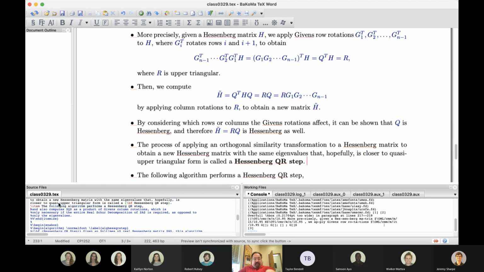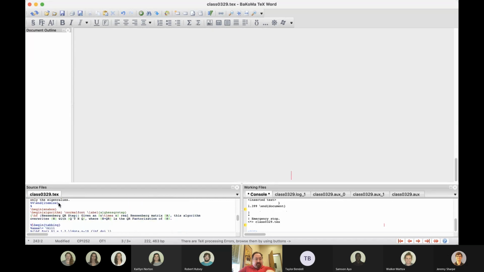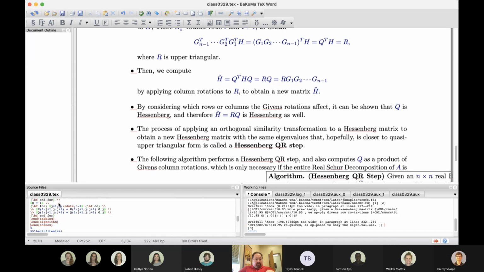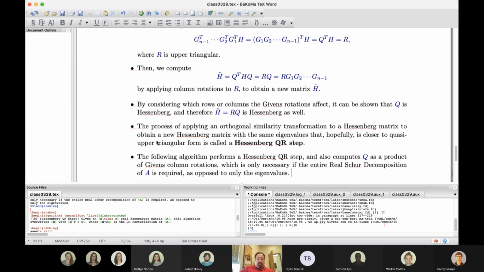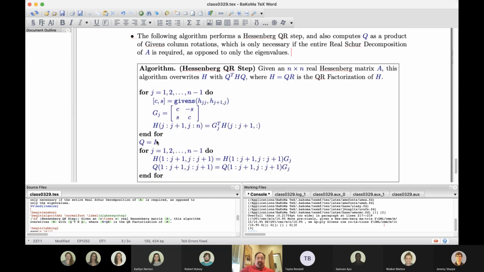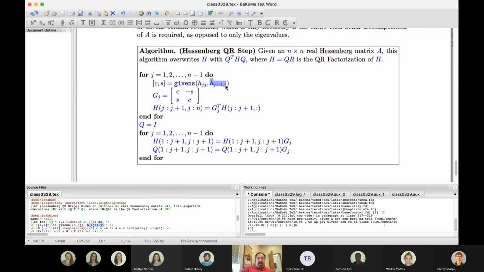So now I can show you the algorithm for that. What we do is go through all the columns except the last, and in column j, only the j plus 1 entry has to be 0.